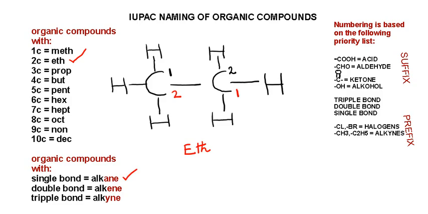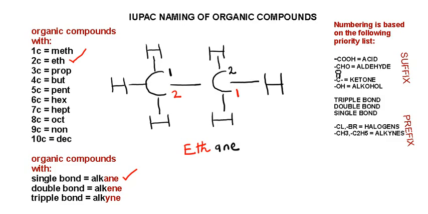So what we are going to do now is take A, N, E from the group alkane and join it to the parent name. So it becomes ethane.